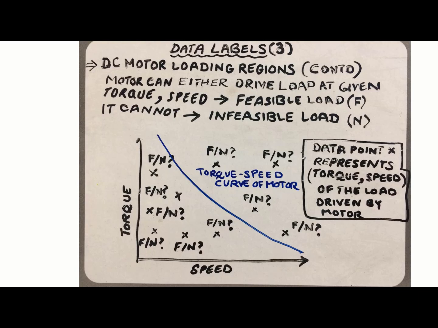Some of the data points will be falling below this curve and the others will be lying above this curve. So at this point, can you think of the labels for these data points? What can you say about the labels of the data points which are lying above this curve? And what about the points which are lying below this curve?